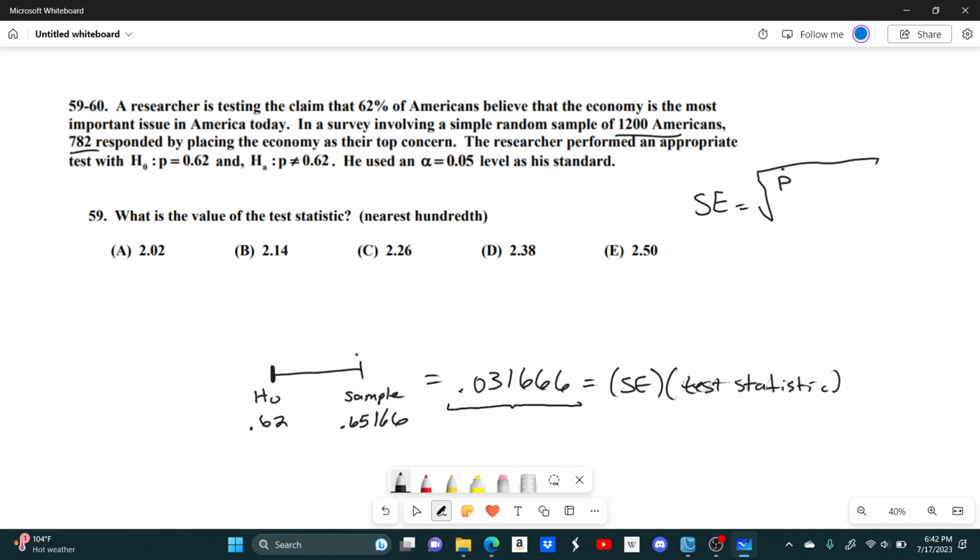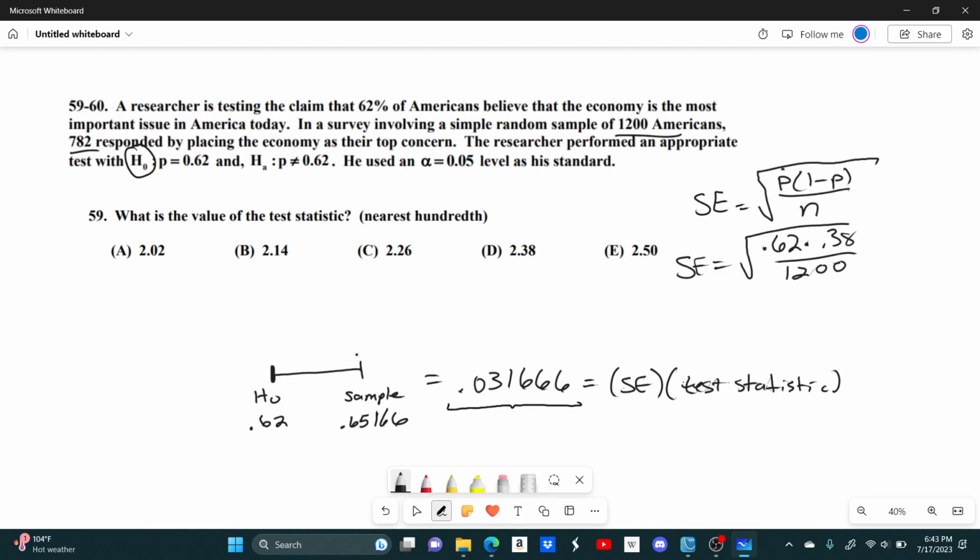It's equal to the square root of p times 1 minus p divided by n, where p is the proportion that we use in our null hypothesis. So our standard error will be the square root of 0.62 multiplied by 1 minus 0.62, which is 0.38, divided by our sample size, which is 1,200 people.